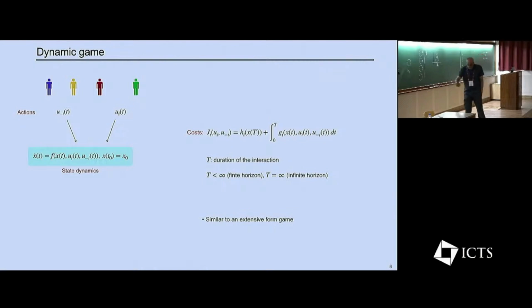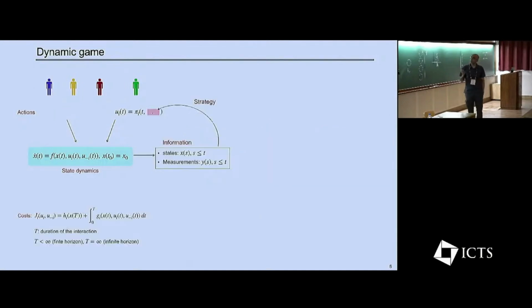And if you assume that agents are interacting for a period of time T, this is the total cost incurred by the player. And the play can be for a finite period or an infinite period. This description is, in some sense, similar to an extensive form game, but it's a lot more structured.